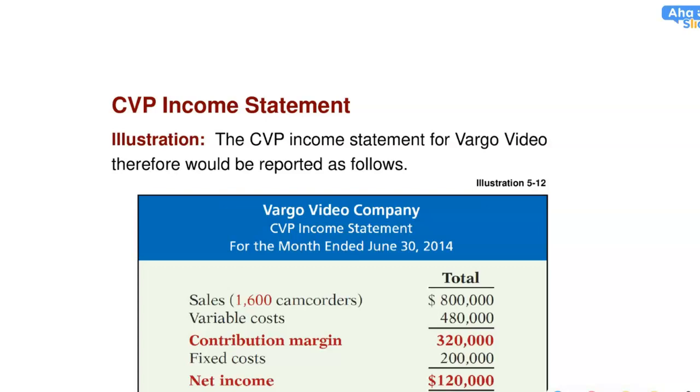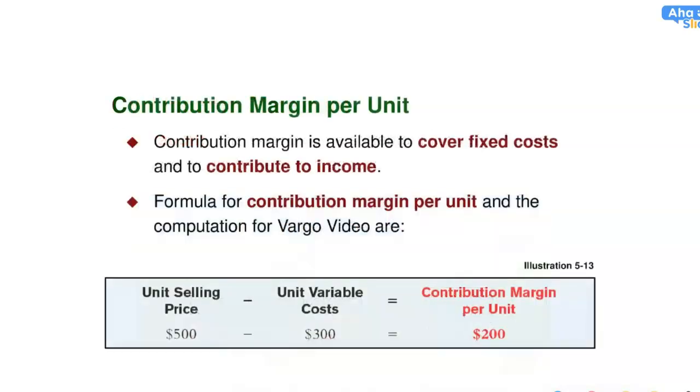Okay? And that's how we use that to predict. Again, contribution margin is available to cover the fixed cost and contribute to profit. The formula I showed you is unit selling price 500 minus unit variable 300 gives me the contribution margin per unit.